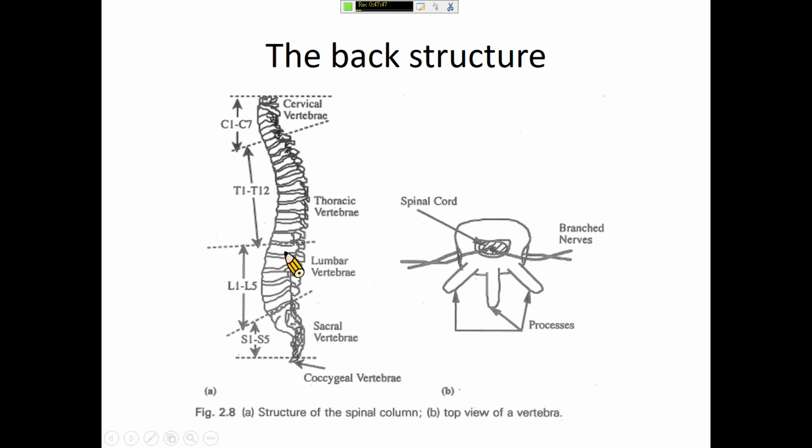Okay, and then the third section is the lumbar area, which has 5 bones here.